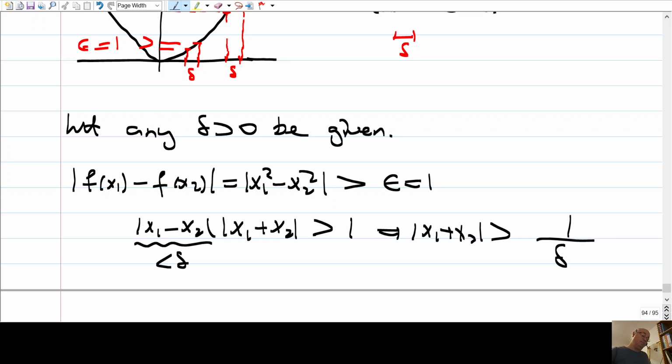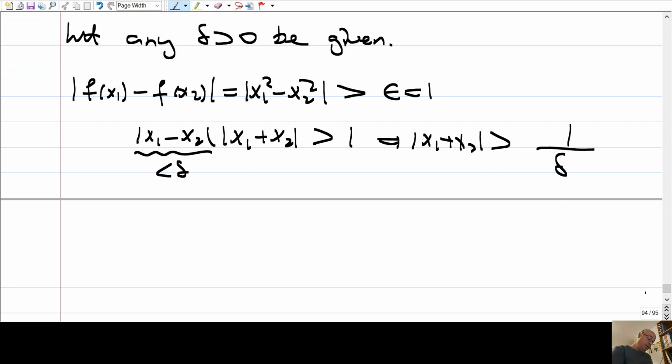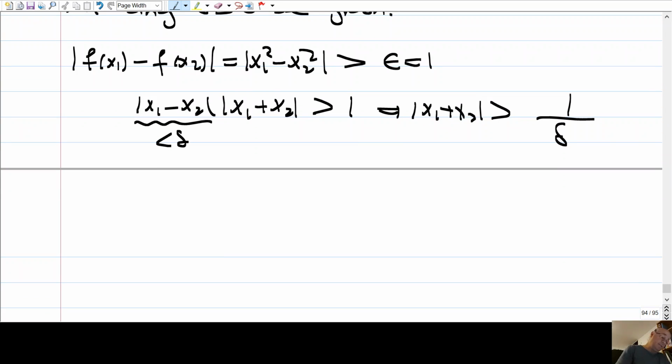So if I choose x1 and x2, both of them positive and larger than 1 over delta, then I will be done. Right, I need to choose x1 and x2 both larger than 1 over delta.